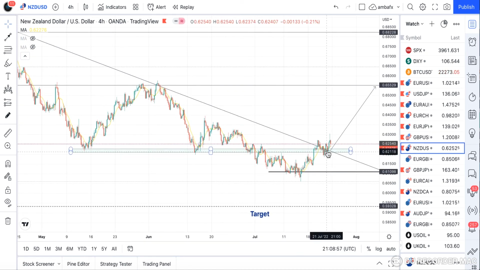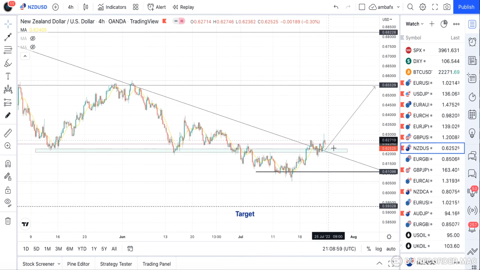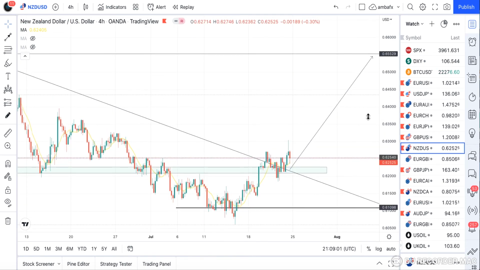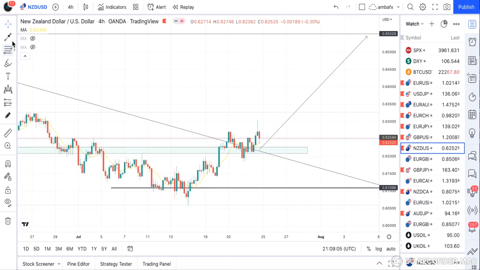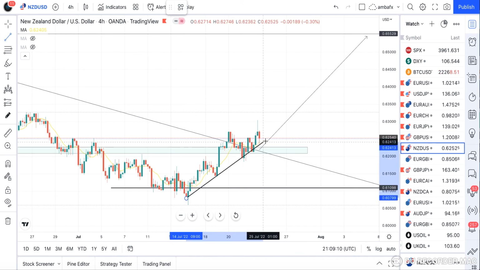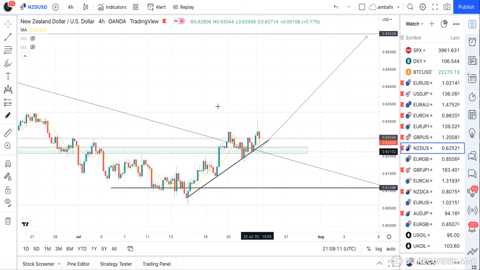And then if we zoom in very well, as you can see, we have a break into that particular level.